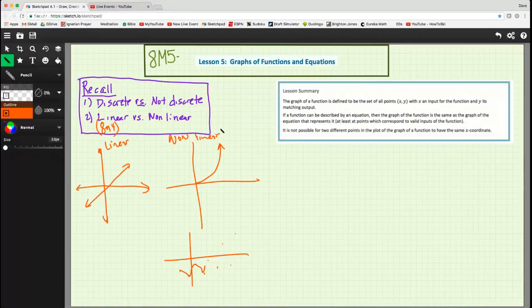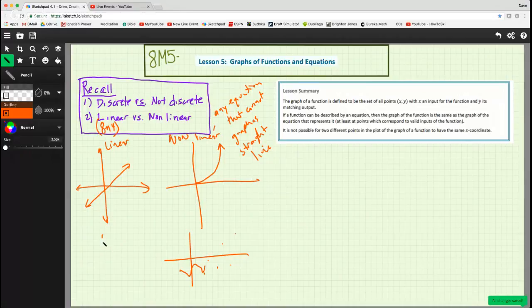So a nonlinear equation is any equation that cannot be graphed as a straight line.